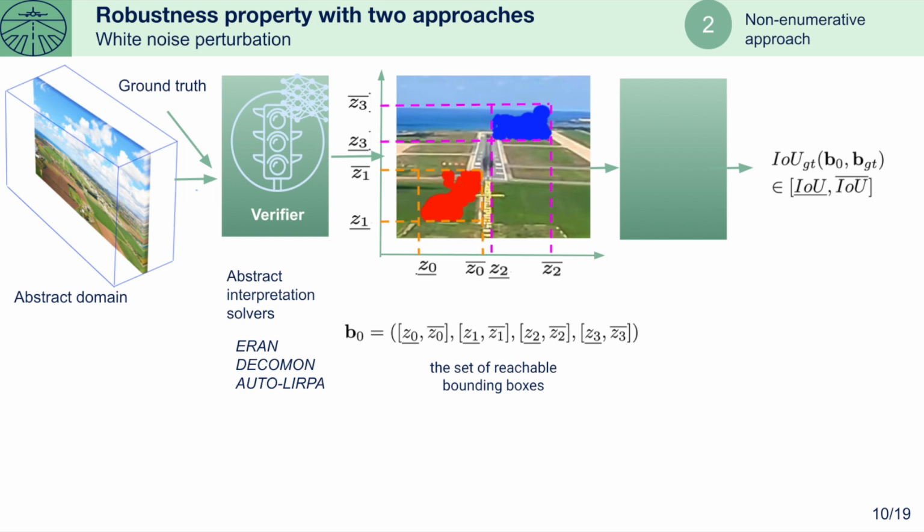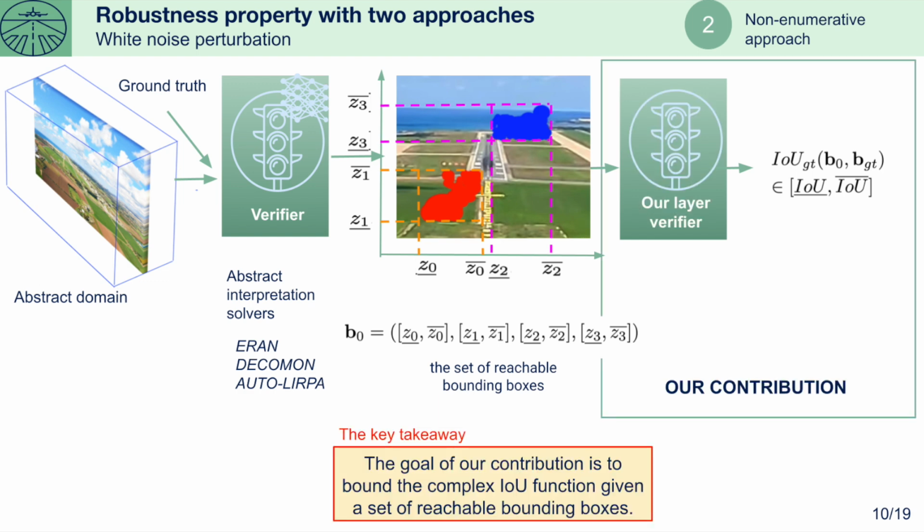And here it is an over approximation. Each coordinate is not represented as a single data point, but as an interval. And in order to verify our property, the goal is to bound the IoU. But so far, nobody has done such a work. And that is our contribution.